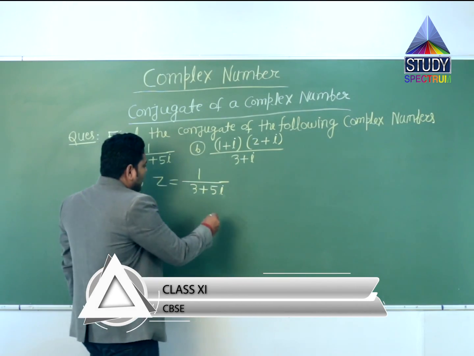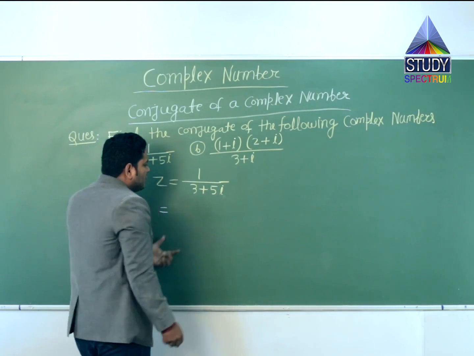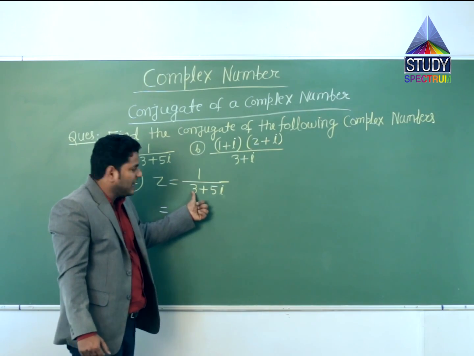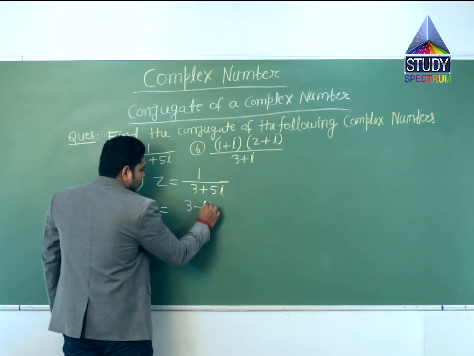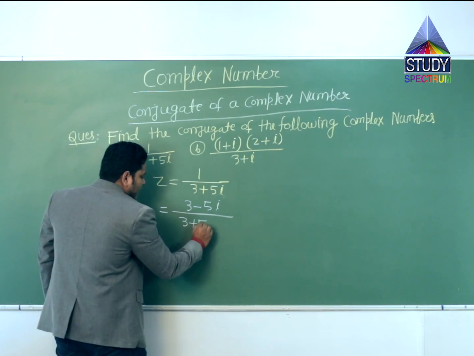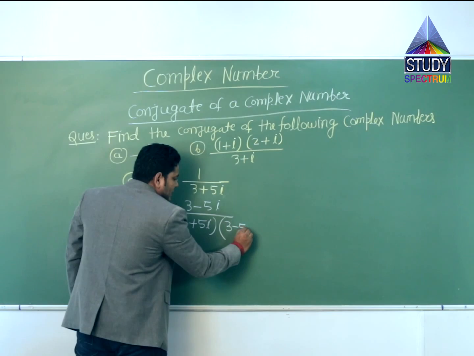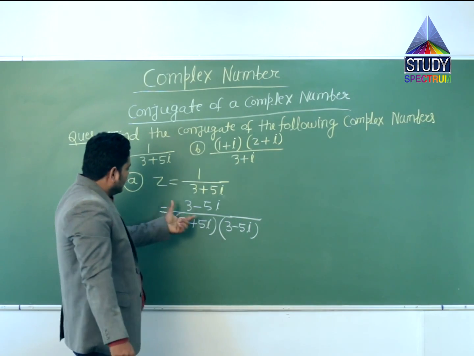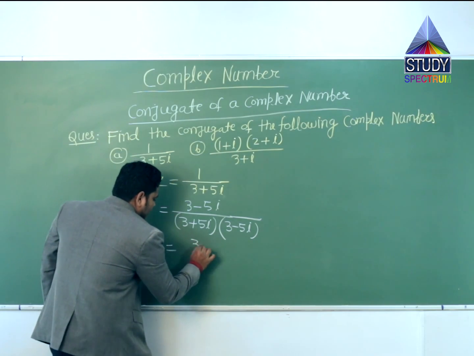Here it is 3 plus 5i, so we will multiply numerator and denominator by 3 minus 5i. So 3 minus 5i upon 3 plus 5i is already there, and we are multiplying numerator and denominator by 3 minus 5i. Got it?